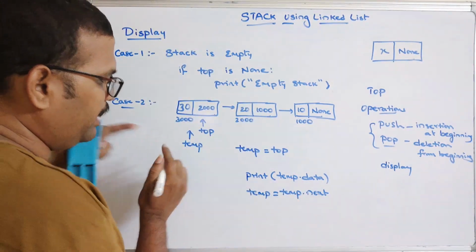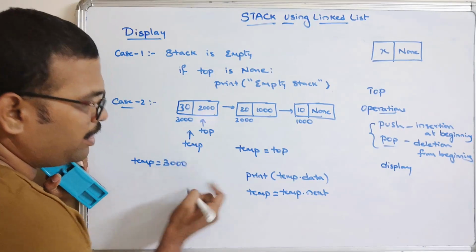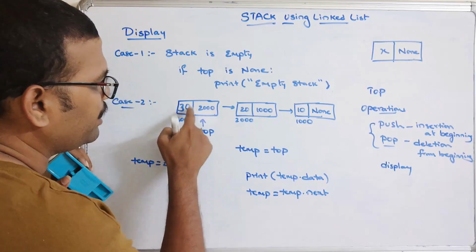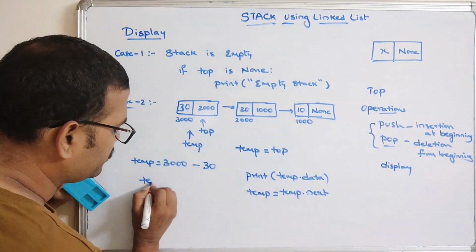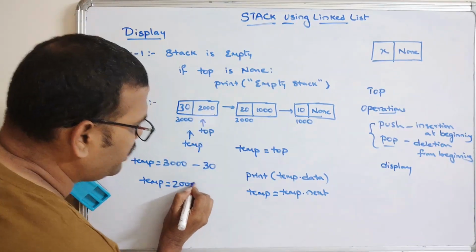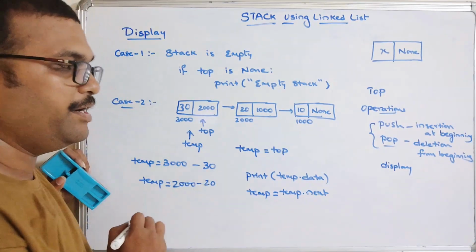Now initially temp is equal to 3000. Temp.data means 30 will be printed. Immediately temp is equal to temp.next, so temp is 2000. Now the temp value is 2000, so immediately 20 is printed.